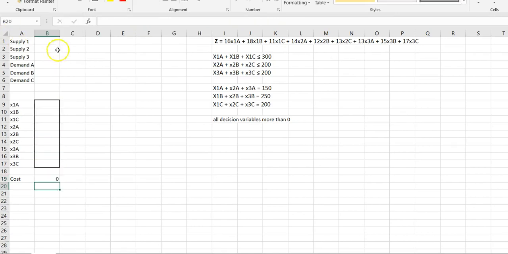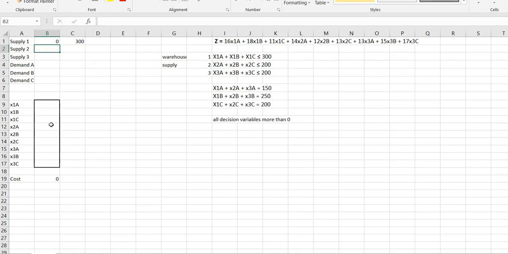Okay, our supply, these are our 3 warehouses. Warehouse 1, 2, and 3, and they have limited supply. So this is going to equal 1A plus 1B plus 1C, and that's less than or equal to 300.